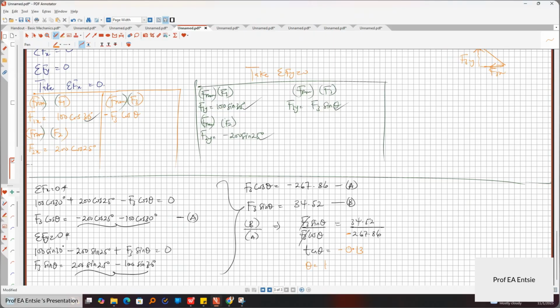So theta will be equal to tan inverse of minus 0.13. And what will theta be? That's the question. How do we find that?